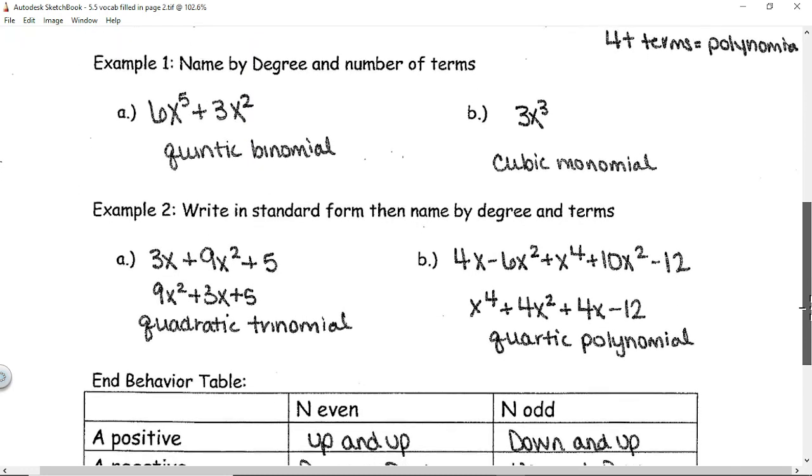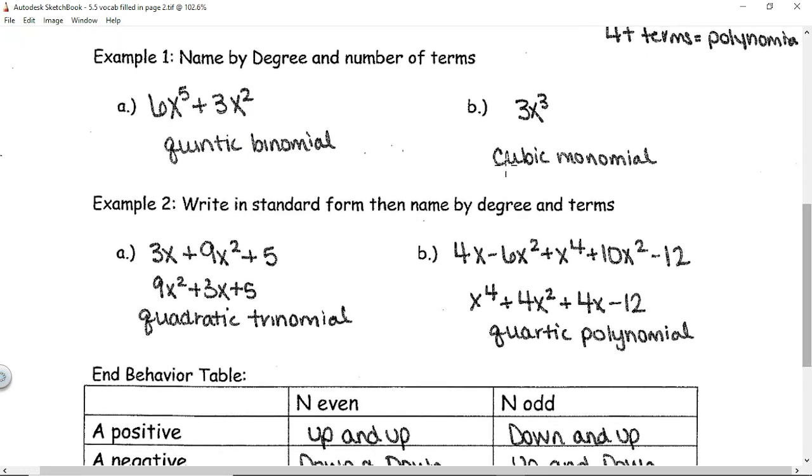Name by degree and number of terms. So this first one, it's a binomial because it has 2 terms, and it's a quintic binomial. Okay, because the degree is 5. It's a 5-degree polynomial called a quintic, and since it has 2 terms, we call it a quintic binomial.